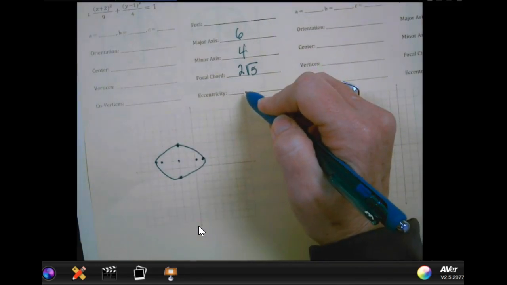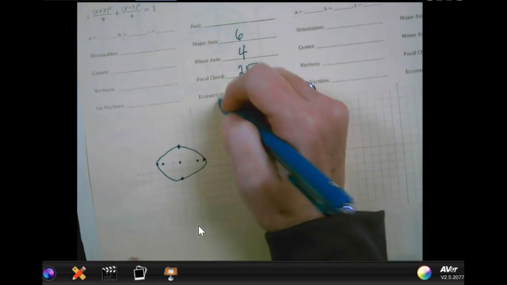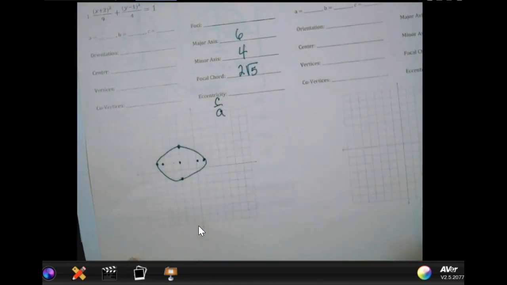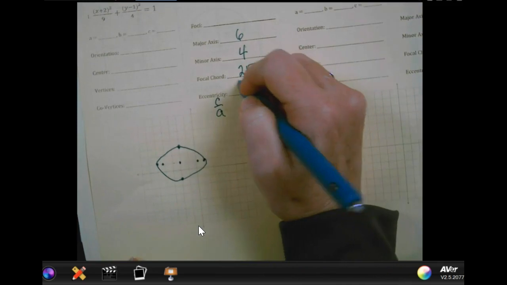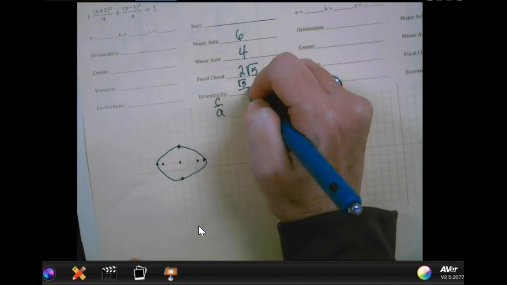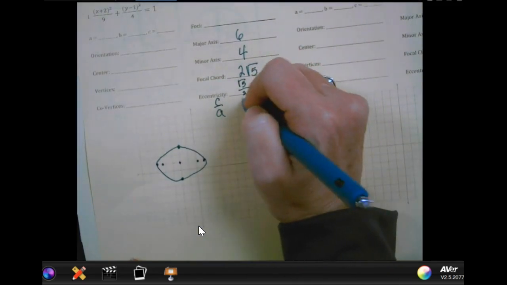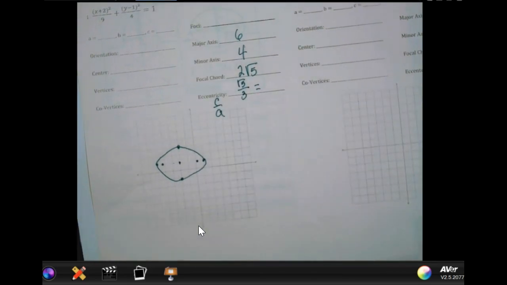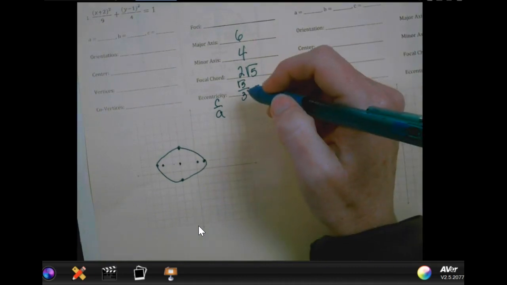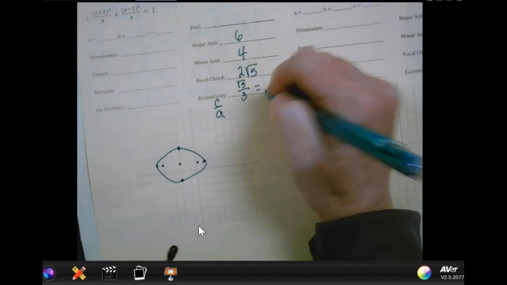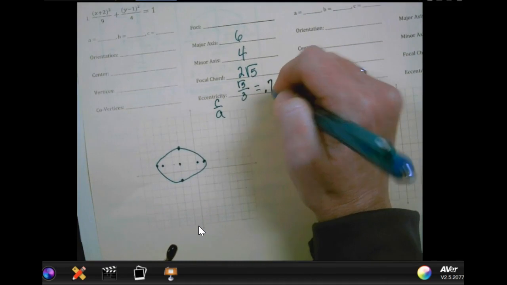This is C over A. And so my C was the square root of 5 and my A was 3. So somebody take the square root of 5 divided by 3. It should be like 0.76, I think. I think that's what we're going with.